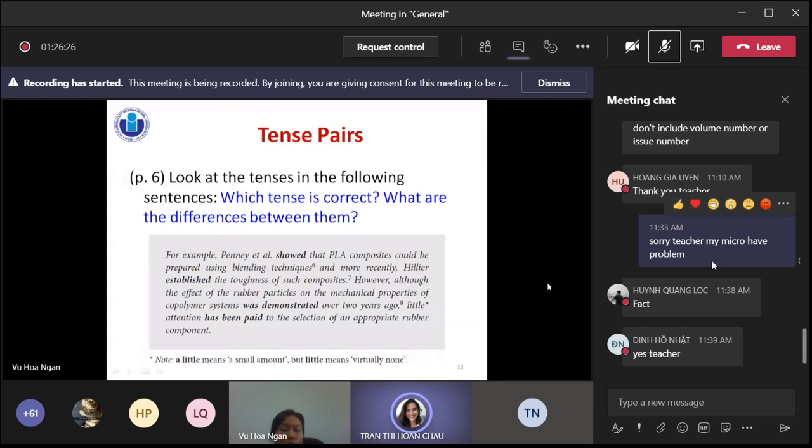Okay. So now, let's get back in here. What do you think? What are the differences between them? Between the simple past and the present perfect? Whatever you think. I think the reason why they use present perfect here is because they want to emphasize that the attention that has been put into the selection has been happening from the past up until now, even though the result they have come up with is in the past, the attention is still there up until now.